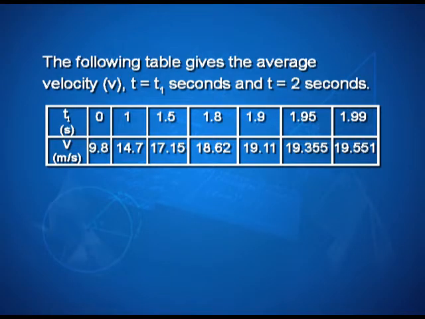The following table gives the average velocity v between t = t1 seconds and t = 2 seconds. You can see here t1 is varying from 0, 1, 1.5, 1.8, 1.9, 1.95 and 1.99 seconds, and accordingly the velocity is 9.8 meters per second, 14.7 meters per second, 17.15 meters per second, and as t1 is approaching 2, it is becoming 19.551 meters per second.